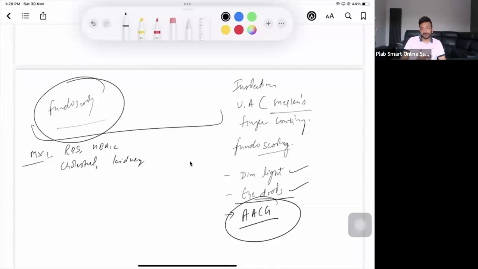When I examined your eye, what I could find is certain changes in the back of your eye. And that is one of the complications of diabetes. See, diabetes can affect your small vessels, and it can affect your big vessels as well. When it affects your big vessels, it can lead to problems in your brain, your heart, your kidneys. But when it affects the little small vessels, it can affect your vision as well.